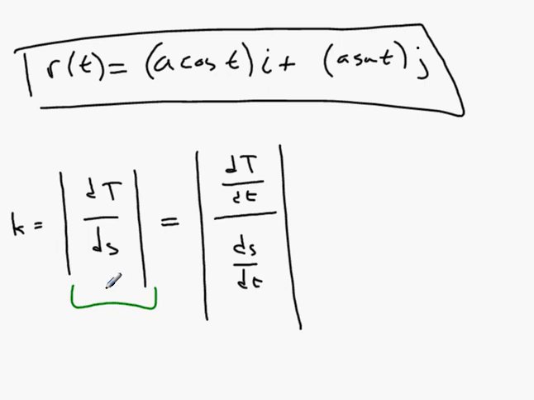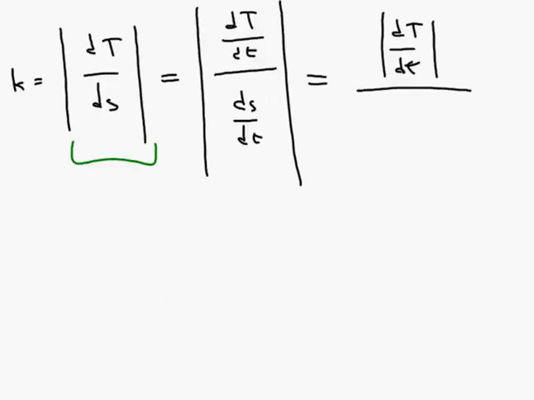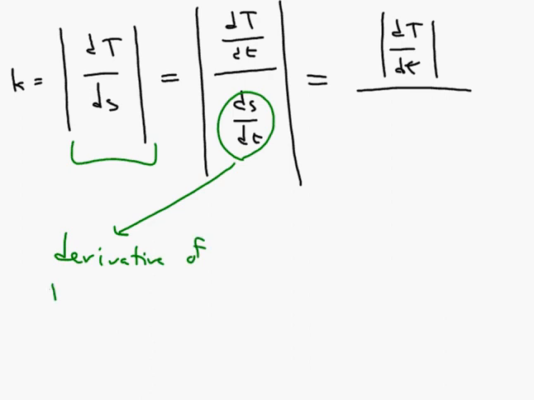So this is okay to do, but here's where I'd like you to have a realization that would be nice to know. All right. This thing, ds/dt, if you think about that, that's really asking us to take the derivative of the arc length function.